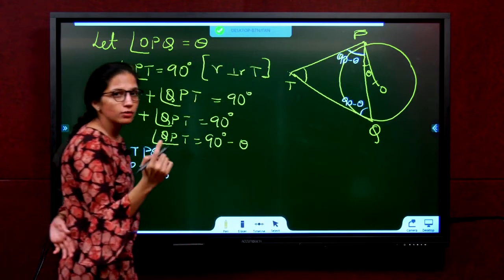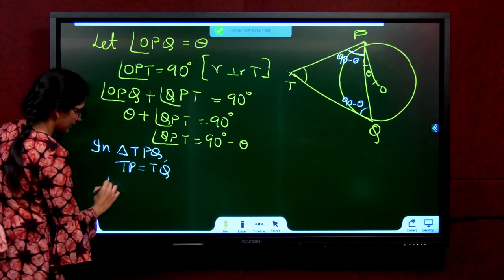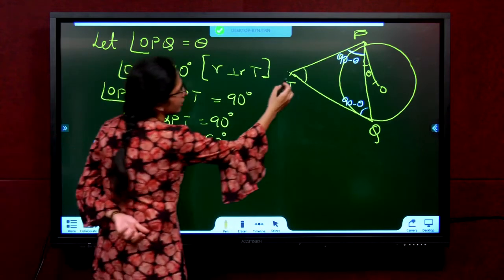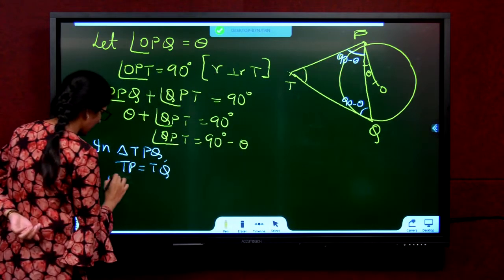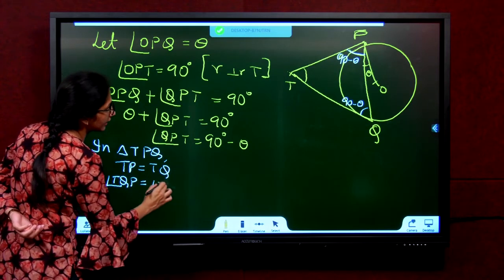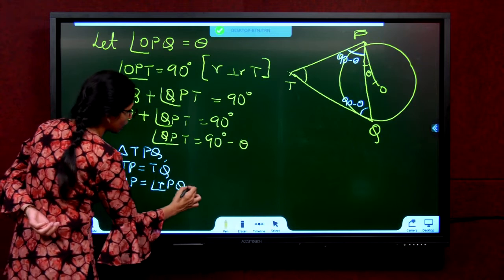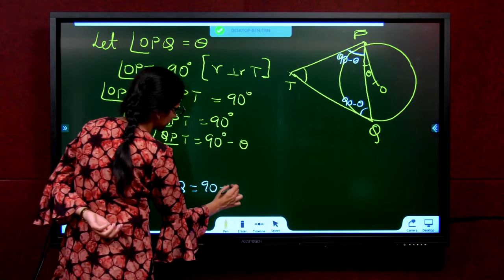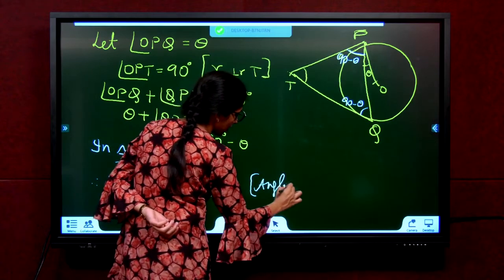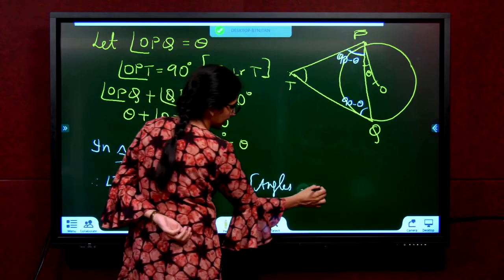Angles opposite to equal sides are equal. Therefore, angle TQP is equal to angle TPQ, which is equal to 90 minus theta. Why? Angles opposite to equal sides are equal.